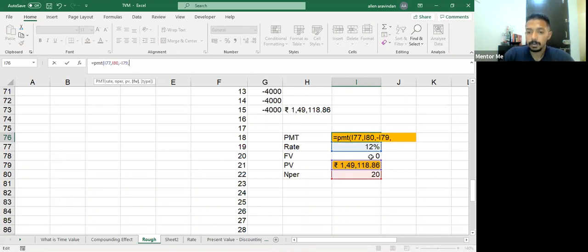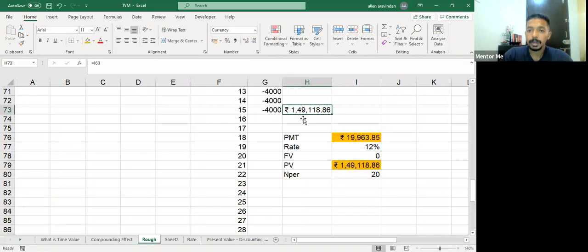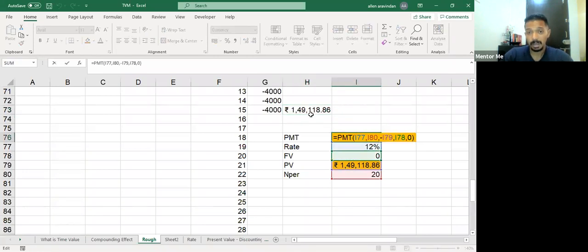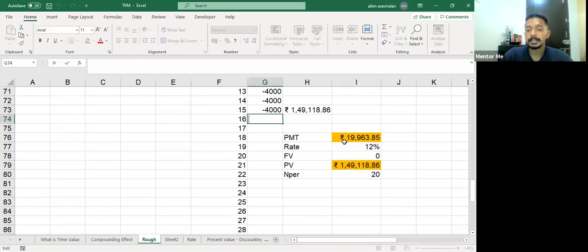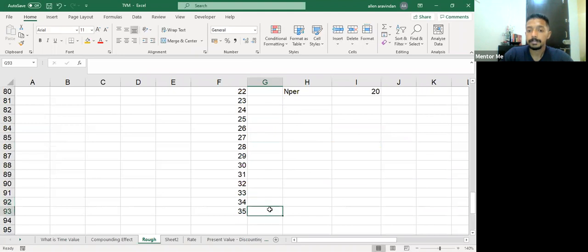The future value is 0 and type is 0. So if I had accumulated 1,49,000 this way, I would be able to withdraw 19,963 every year till 35 and keep nothing at the end.